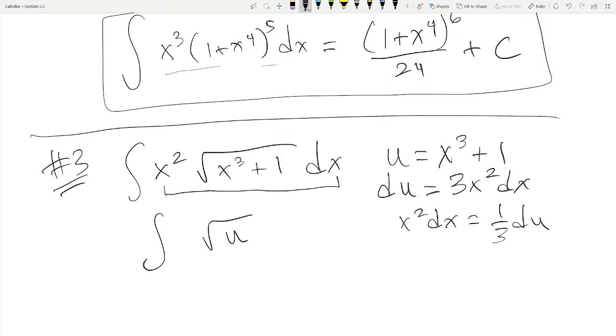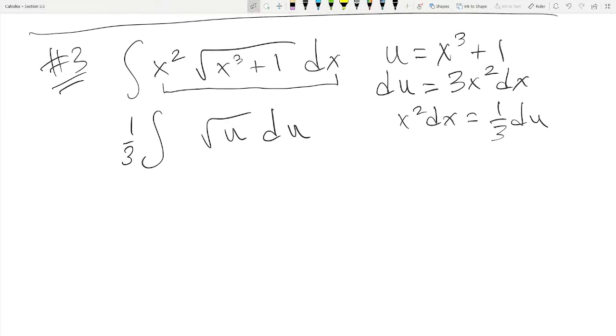Now I'm going to put that in, and I get 1/3 square root of u du. The design of this is to think of square root, and you should be kind of always keeping that in the back of your mind, that the square root is really a half power, so this is the same as u to the 1/2 du.